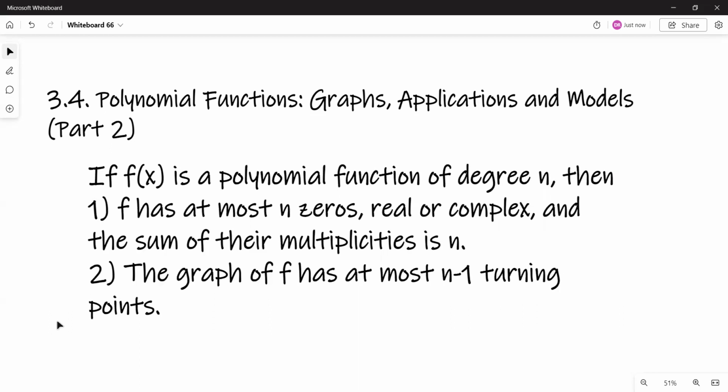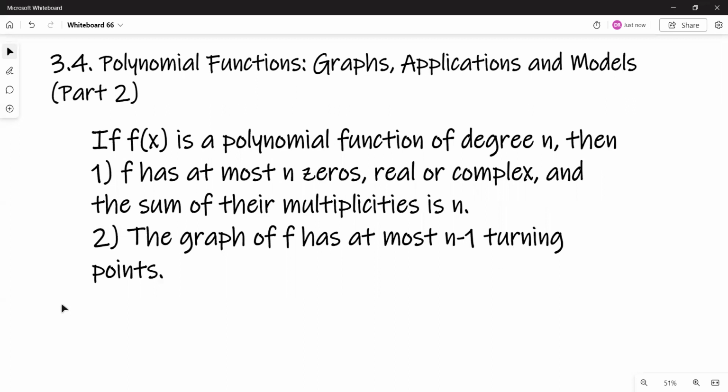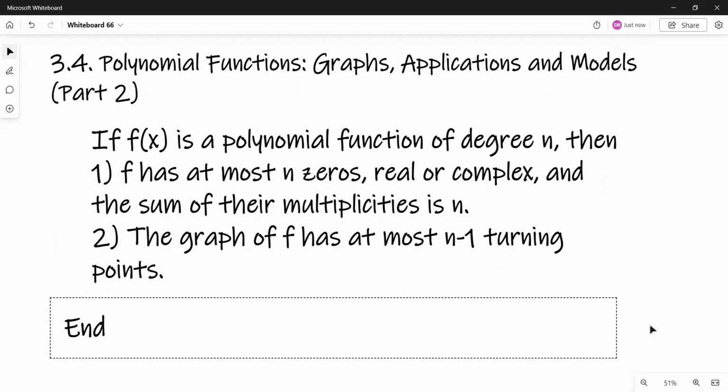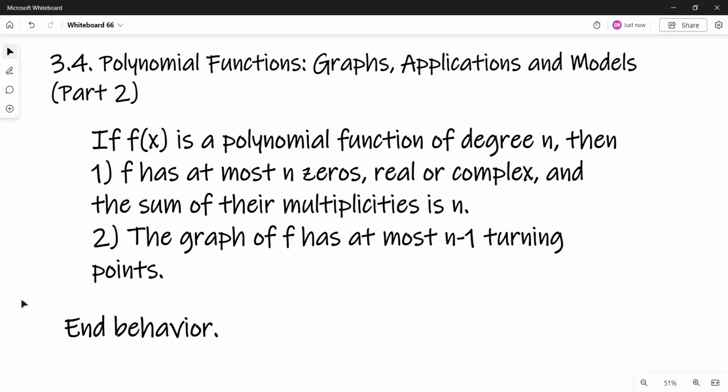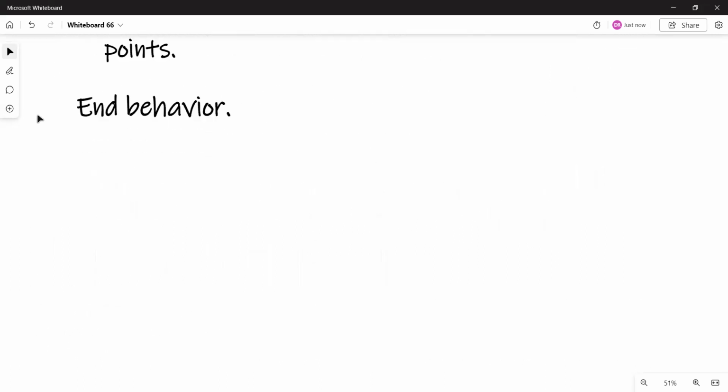So in this video, I'm going to talk about the end behavior. We're going to be using the following notation.